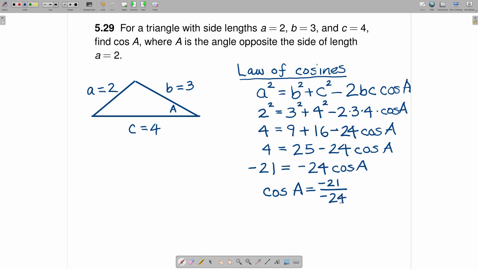Those two negatives cancel. Both the numerator and the denominator are evenly divisible by 3, so you can write the cosine of A in lowest terms as 7/8.